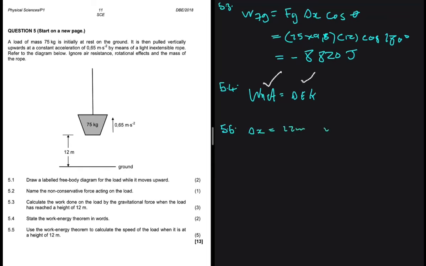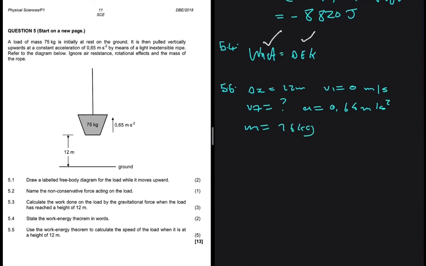And then we have our Vi, which is equal to 0 meters per second, because our object is coming from rest. And then Vf is what we're looking for. What else do we have? We have an acceleration, which is given to us, of 0.65 meters per second squared. And then we have a mass of 75 kgs, right?